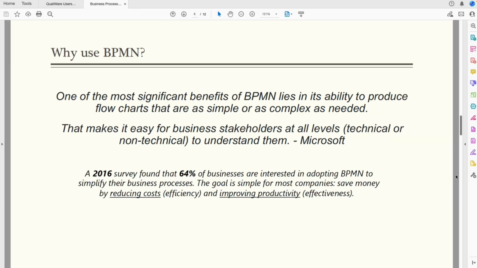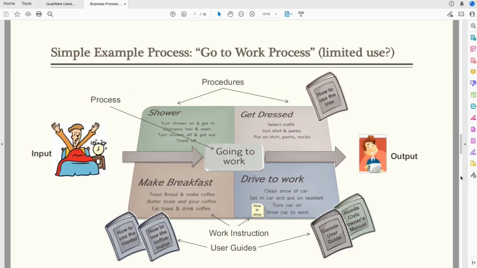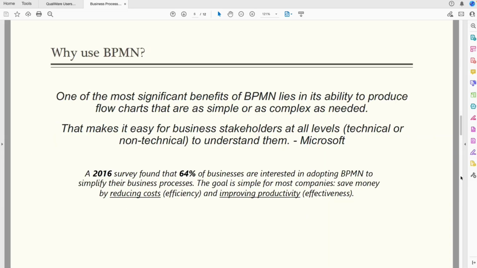It also makes it easier for businesses to communicate with each other when you're both using the same notation. The goal is simply, for most companies, to save money by reducing costs, that efficiency again, and improving productivity, the effectiveness of the process.